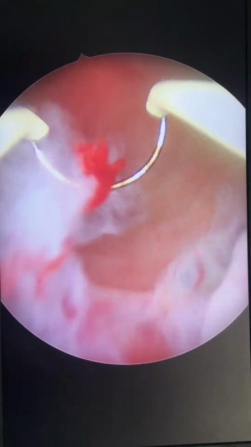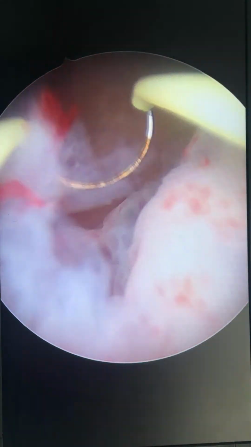Now we see the bluish chorionic tissue over there. So I think now I'll need to use some electrosurgery.